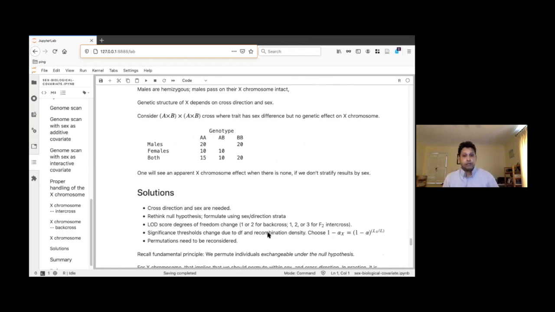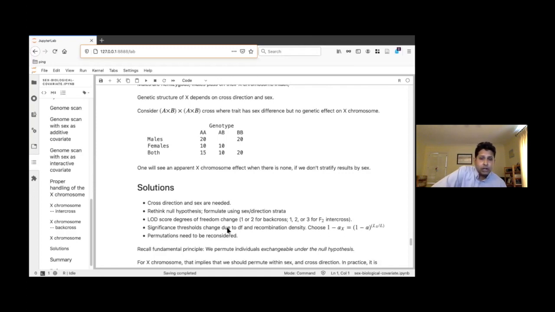And for both of these reasons, the way you conduct permutations needs to be reconsidered. You need to stratify and you need to take into account the different structure of the X chromosome.